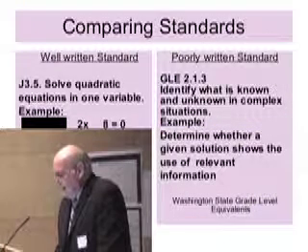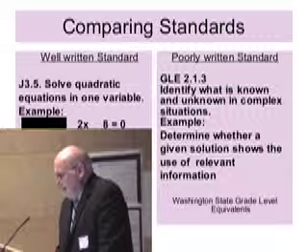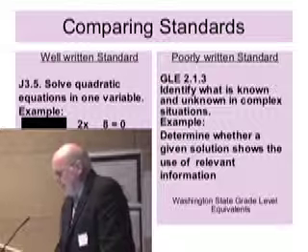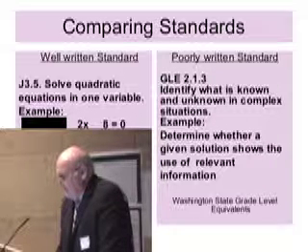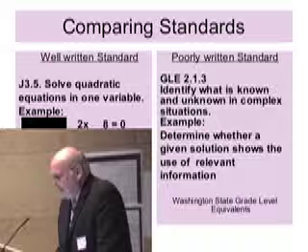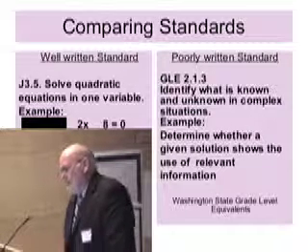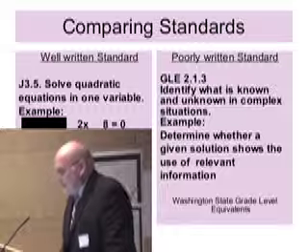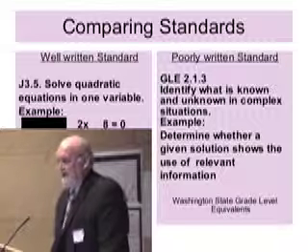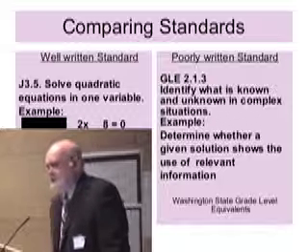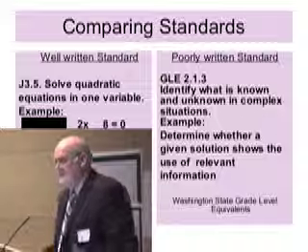Now, on the other hand, look at GLE 2.1.3 from our previous Washington State GLEs. It says, identify what is known and unknown in complex situations. Now, of course we want students to be able to identify what is known and unknown, but what kind of complex situation? What is the context? No one really would know. There's no target.